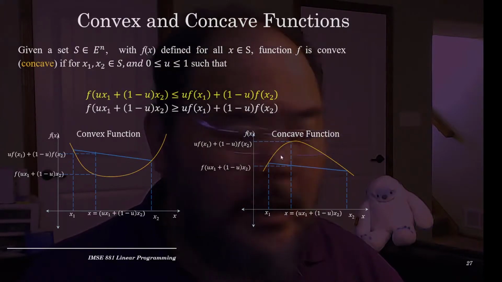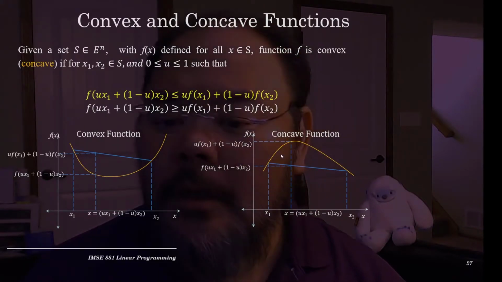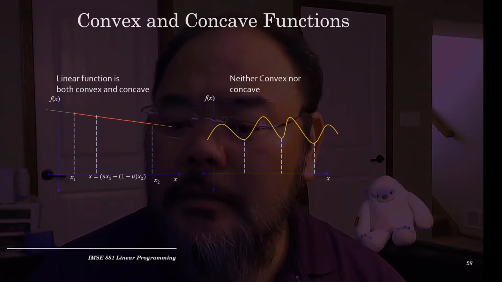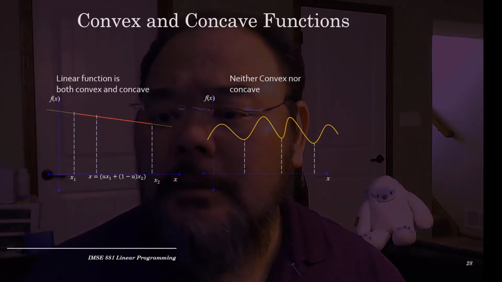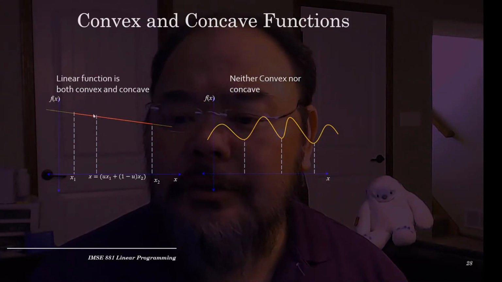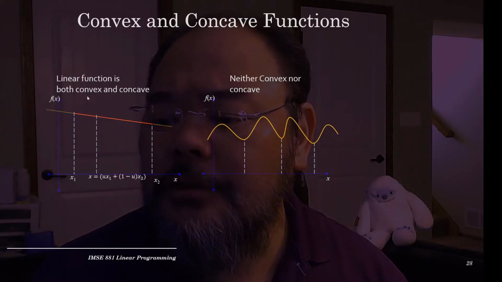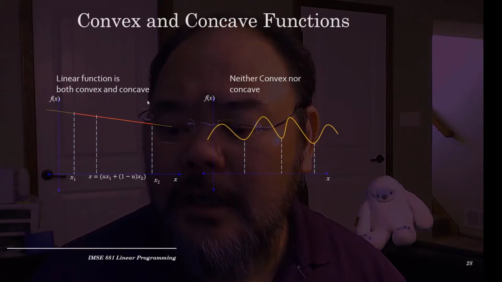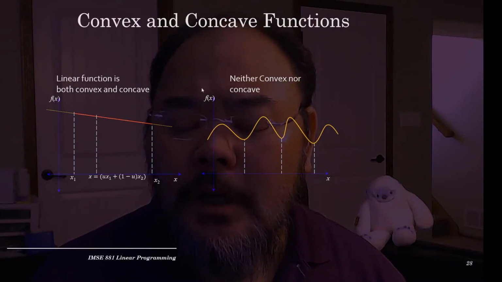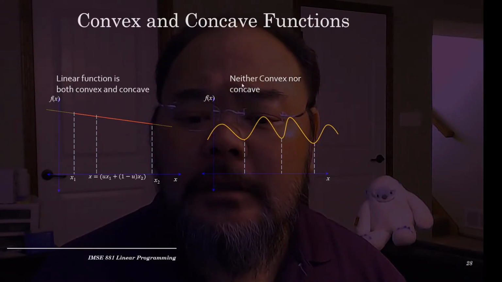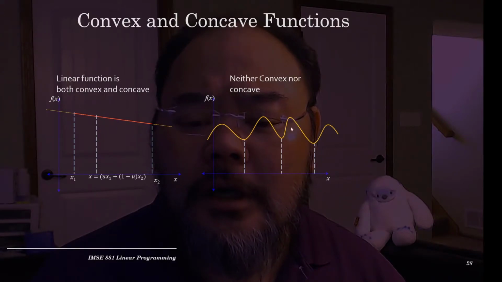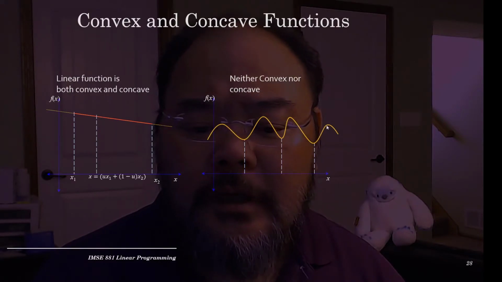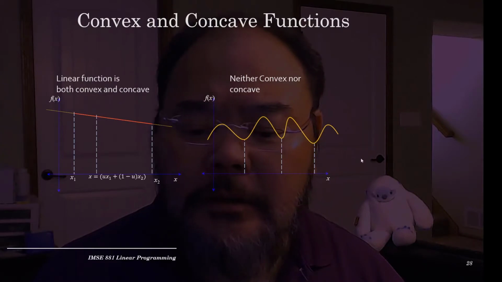Sorry about the typo, but let me correct that. Next, we take a look at some special conditions. The linear function is both a convex function and a concave function as well. On the right-hand side, the function is neither convex nor concave.